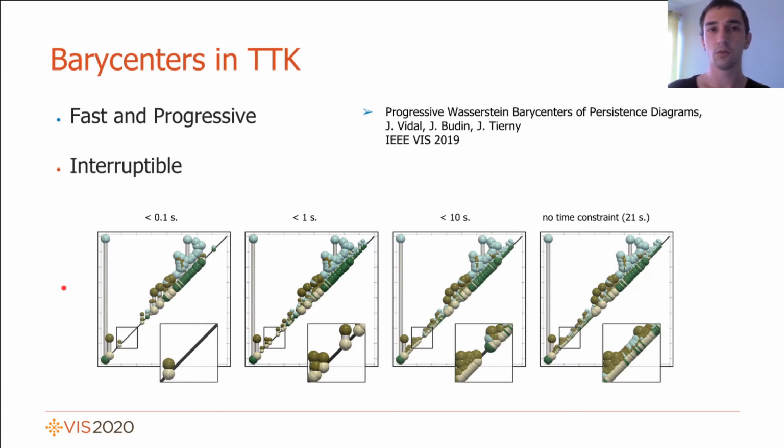So from the user point of view, the method is interruptible. You can set a time constraint and you have the guarantee that when the algorithm stops, the most persistent topological features will have been processed. And if you want to increase the time constraint, you will just gain more accuracy in the results.